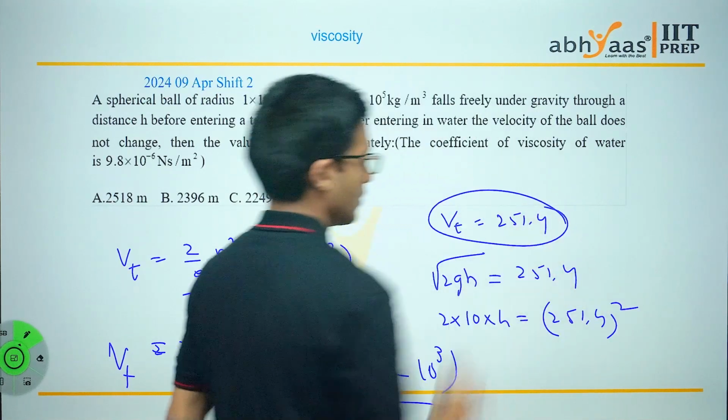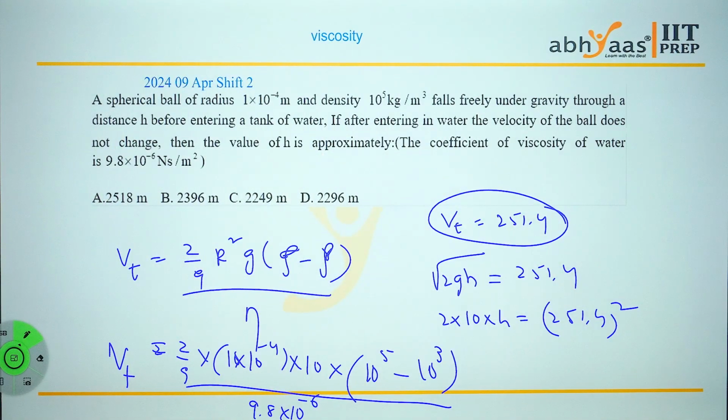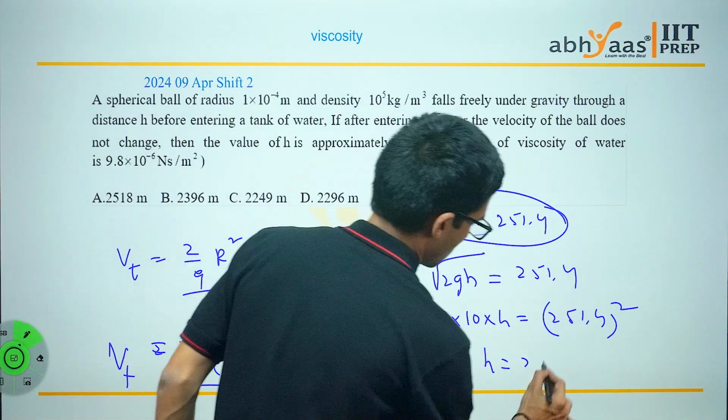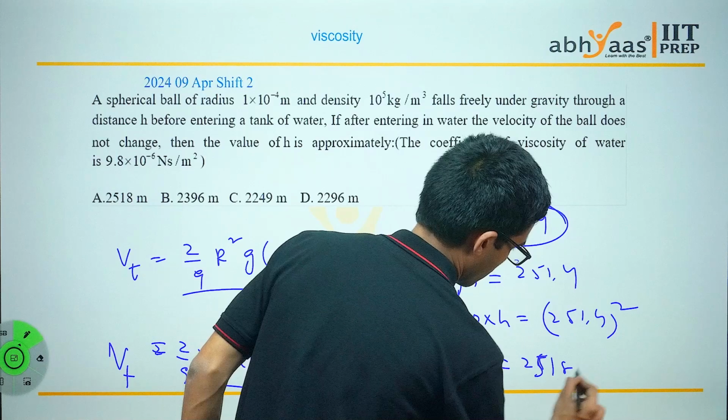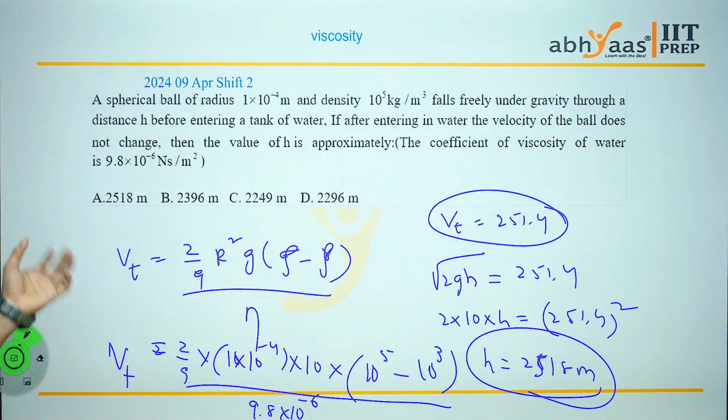So I am just thinking like that it will come. So you just cross check that. So finally, h value, if you do, you will get 2518 meters. So okay, this is the answer. So I only used the terminal velocity formula. So with that I got the answer easily.